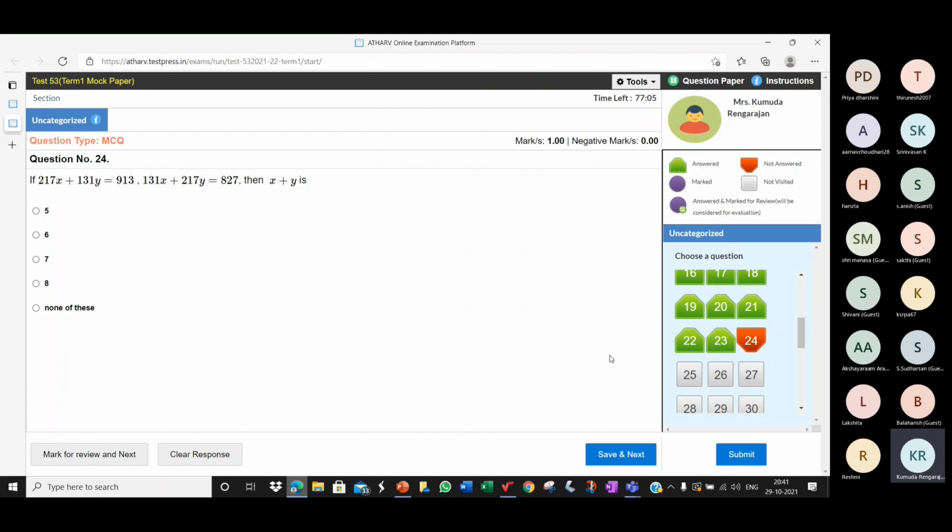Yes, be quick with this. Find x plus y. Use a special method and find only x plus y. Don't find x minus y. Don't find x and y.